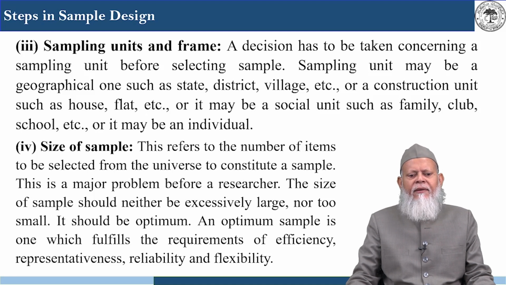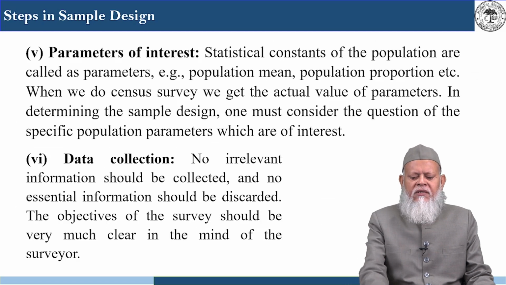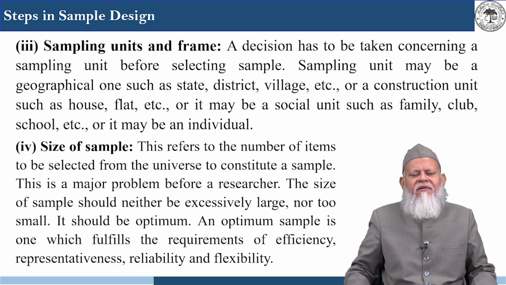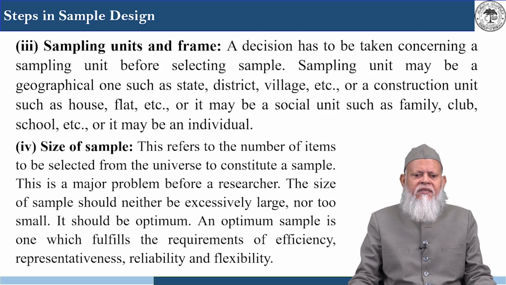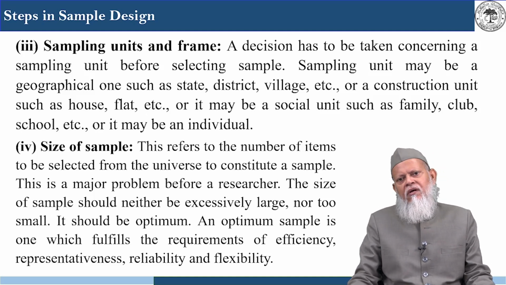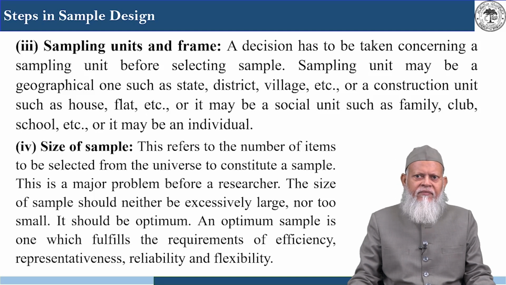An optimum sample is one which fulfills the requirements of efficiency, representativeness, reliability and flexibility. That is what we shall be discussing in detail, how to determine the size of the sample.